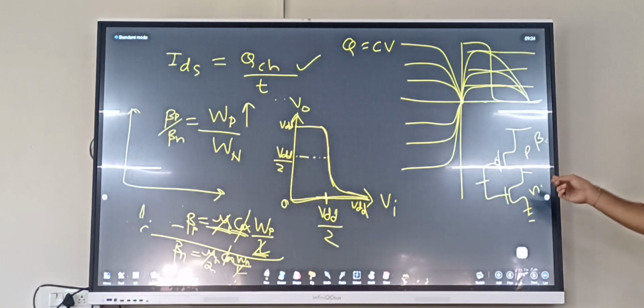Remember why it is called a pull up device? What will it do to the output? Why do we call PMOS pull up and NMOS pull down?